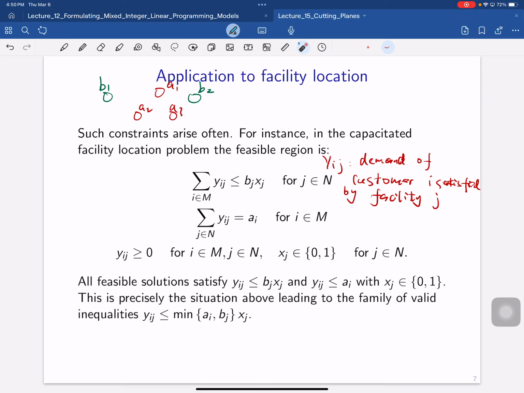So it's very clear that these 2 inequalities are satisfied, right? So why is this inequality true, right? The first inequality.